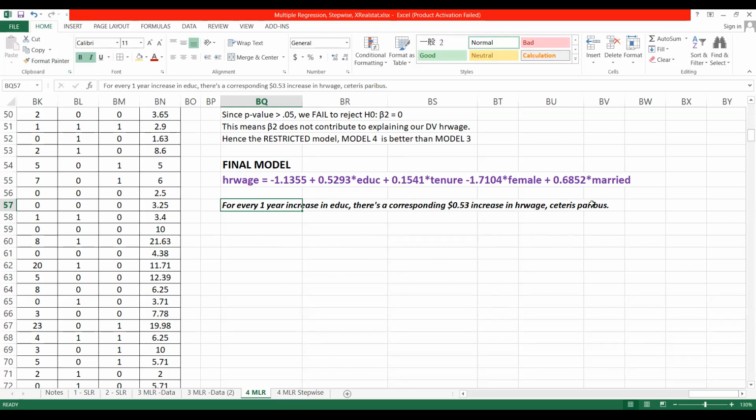Ibig sabihin ng ceteris paribus, guys, si education lang ang ipapa-increase natin ng 1. Yung tenure, female and married, hindi sila mag-i-increase. No? So that's what that means. Para makita natin marginal effect nito. Kasi kung hindi mag-i-increase to, so zero increase, zero increase, zero increase, ang makikita lang natin yung effect ni education. Okay, next, how about si tenure?